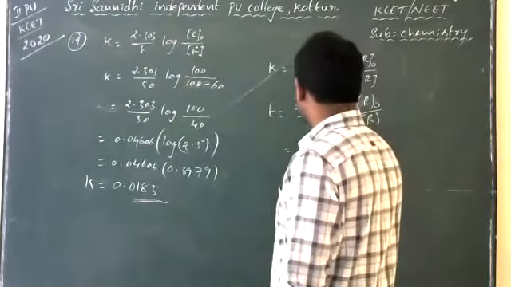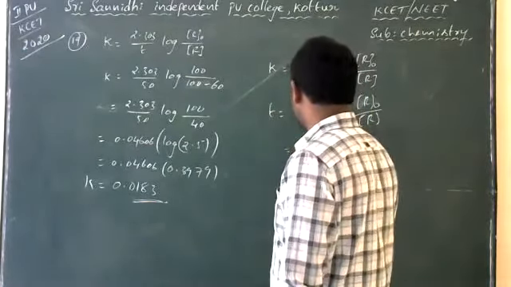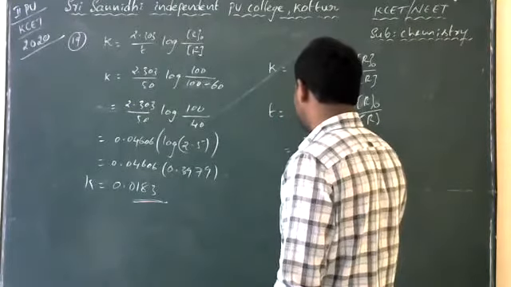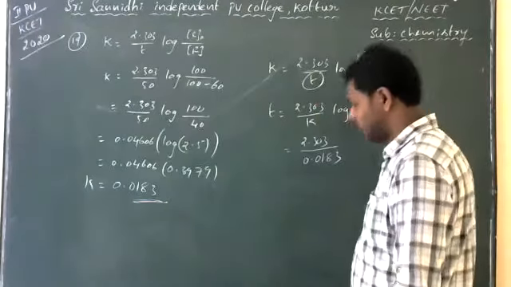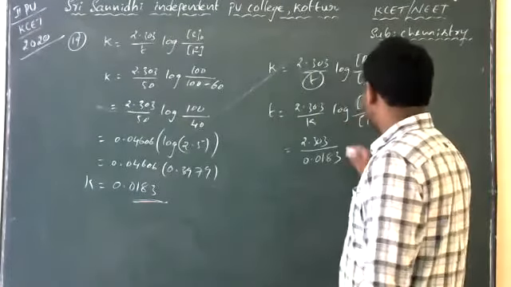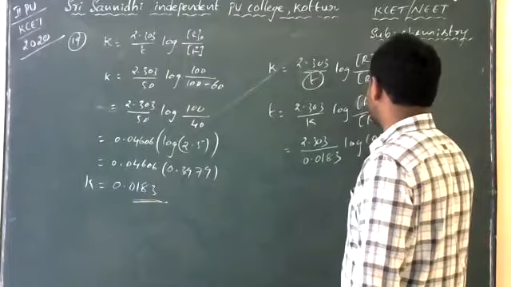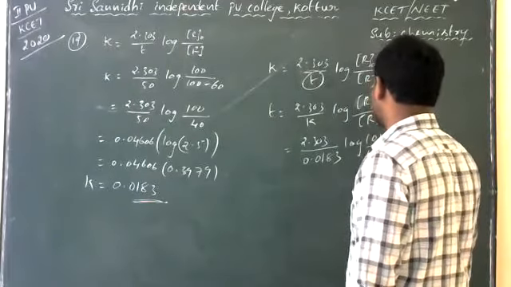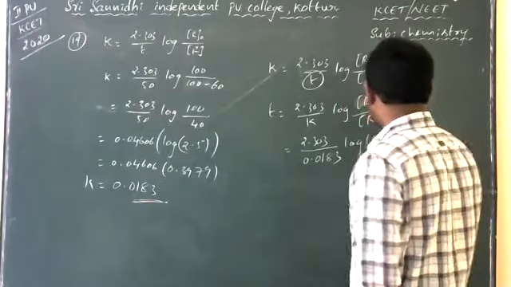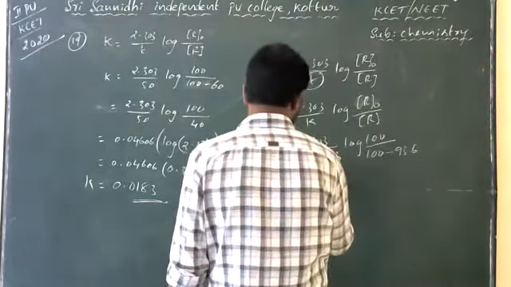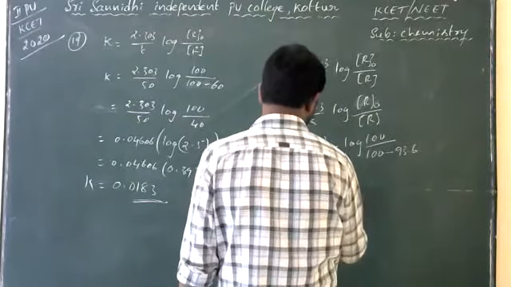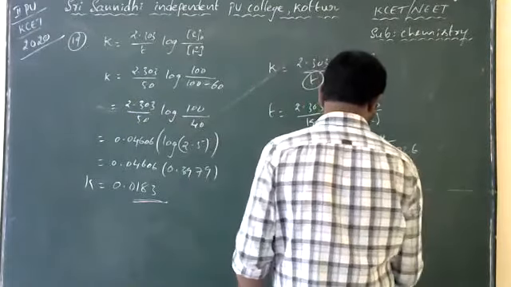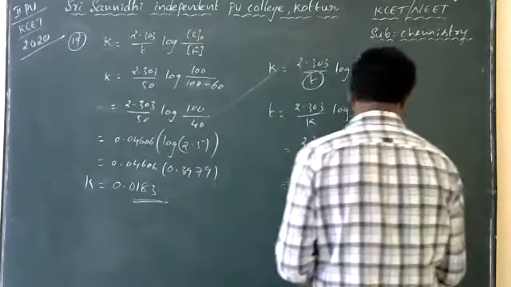Time required is 2.303 by the K value, 0.0183, log of R naught, which is 100, divided by 100 minus 93.6.